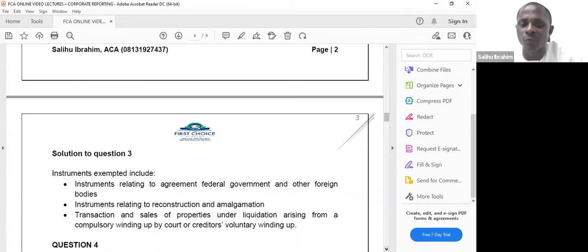Then, transactions and sales of property under liquidation arising from a compulsory winding up by court order. When a company is facing an insolvency issue, the company is not solvent. You know what insolvency is? Lack of funds to settle debt obligations. A liquidity problem is a sign of insolvency.